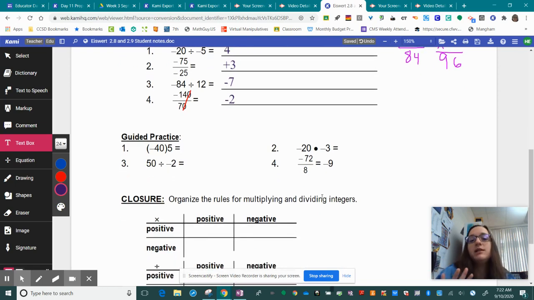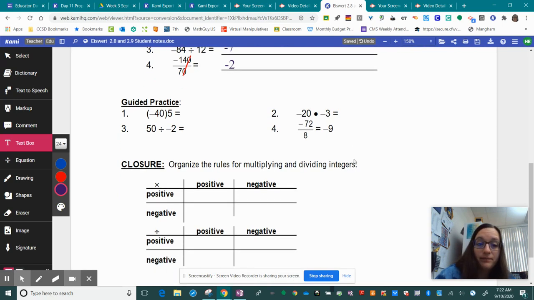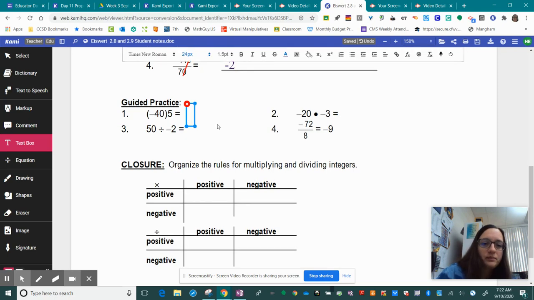So you might want to pause the video, try these 4 on your own, and then check back to see how you did on them. All right, now that you've paused the video and you have some answers on there, let's see how you did. Those are different signs, so our answer is negative. 5 times 4 is 20, and we can tag along the 0, so we should have a negative 200 for number 1.